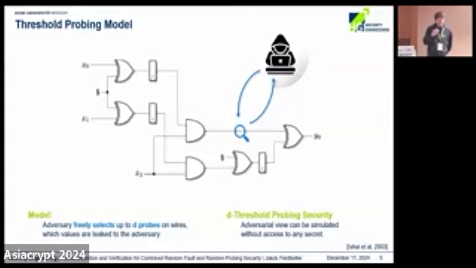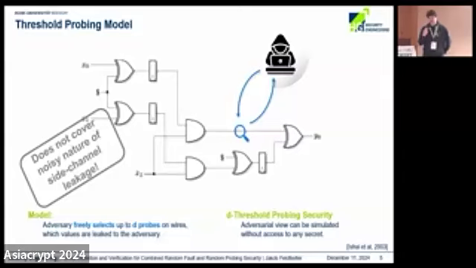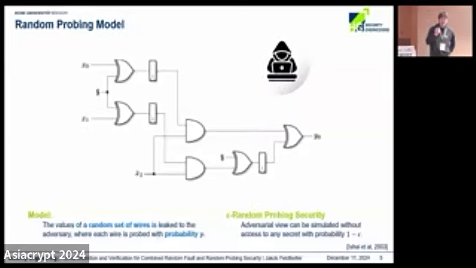This is a nice model that allows a lot of analysis, however, it has the problem that if you have side channel leakage, you don't get specific values, but instead you get all of the values, but in a noisy way. So what the literature did afterwards, or basically at the same time, is introducing the random probing model.